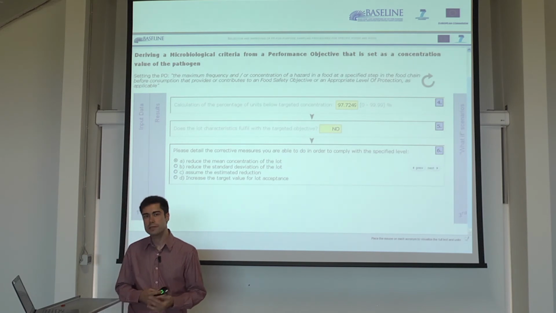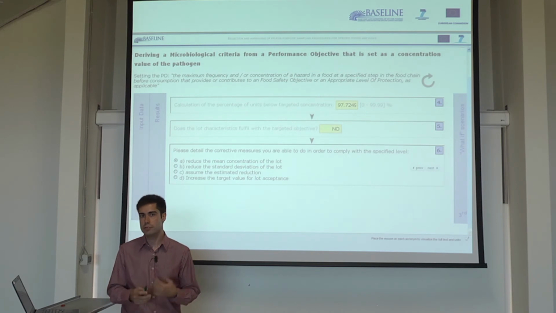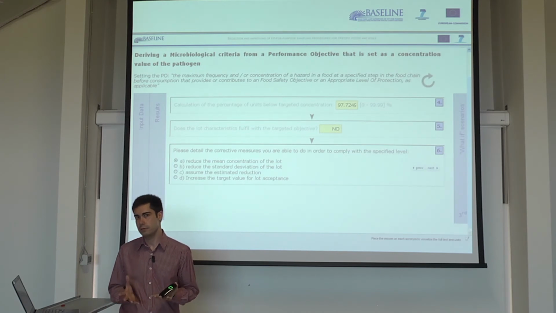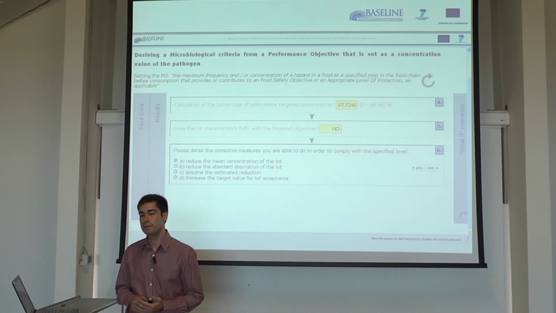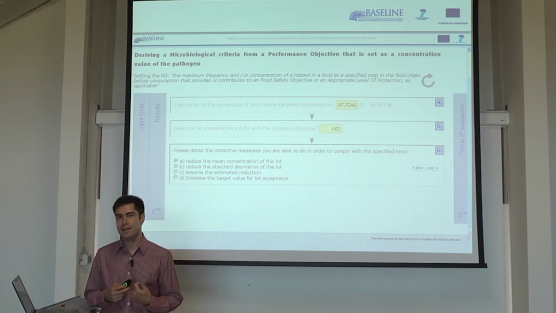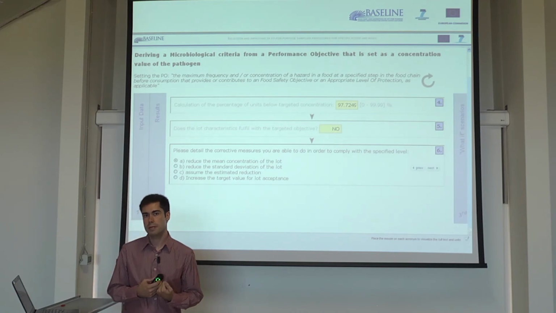There are different corrective actions that can be applied in the software, for instance, to reduce the mean contamination of the lot, to reduce also the variability or the standard deviation. We can even assume the obtained reduction. And finally, we can increase the target value for the log acceptance.